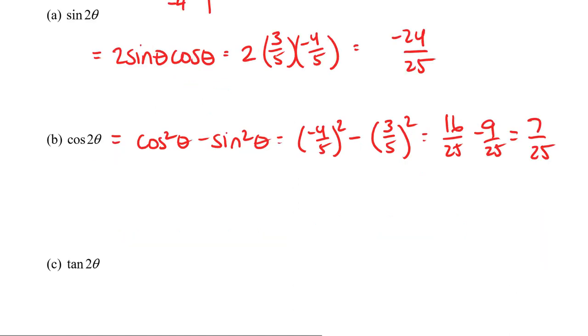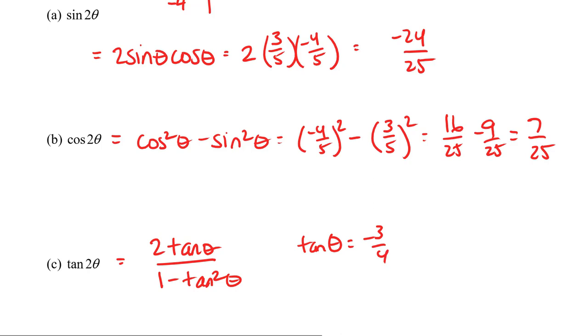Part C, tangent 2 theta. Now while we could just say that tangent 2 theta is equal to sine 2 theta over cosine 2 theta, let's go ahead and use the tangent identity. And this is equal to 2 times the tangent of theta over 1 minus tangent squared theta. Now if we look at our triangle above, you can see that the tangent of theta has to equal -3/4.